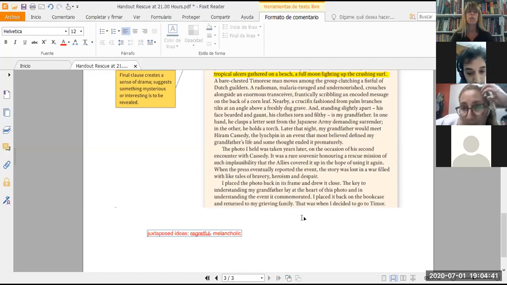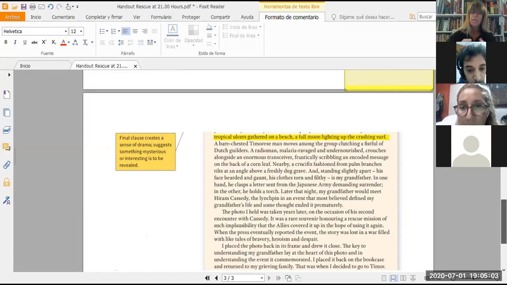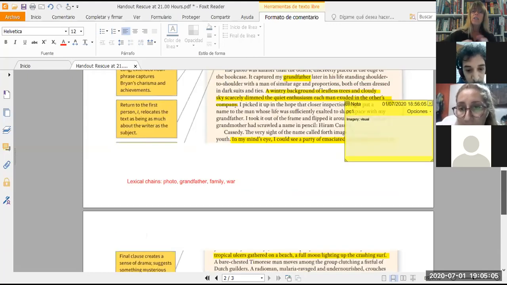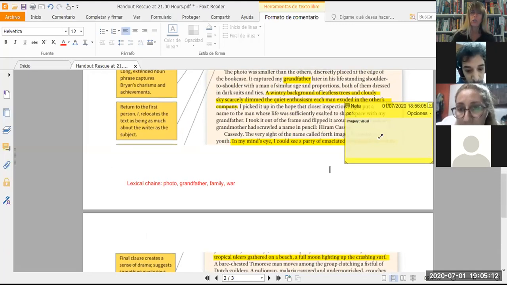You might say there is a change in the mood and tone when the writer starts the description of the scene on the beach, where they were having a party and everybody was so happy. There you might feel a change in the tone, but in the whole text, I don't think that there is a change.